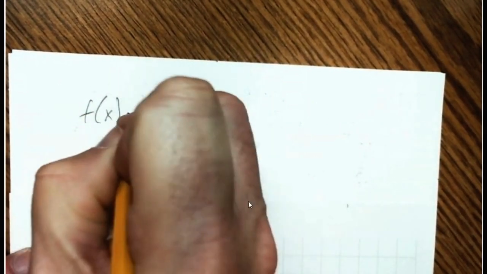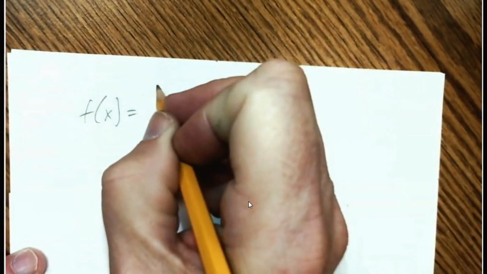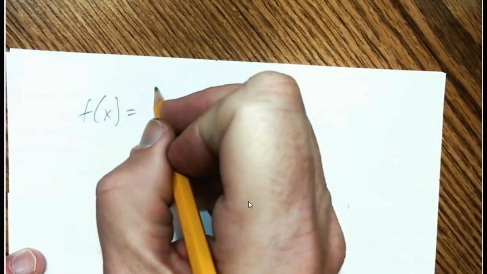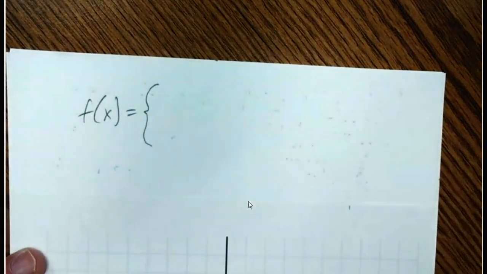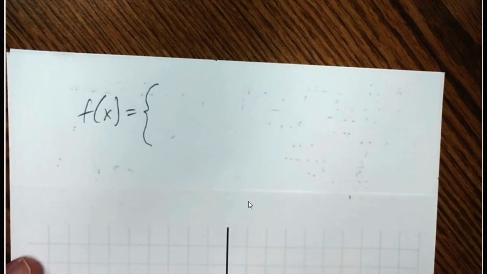So let's talk a little bit about how you would create a piecewise graph. Let's see, I got some graphing paper down here. There we go. So let's say I want to create a piecewise graph. You write it a little differently, because let's just do 2 pieces. We can do as many pieces as we want, but we need at least 2. So what does f of x equal?